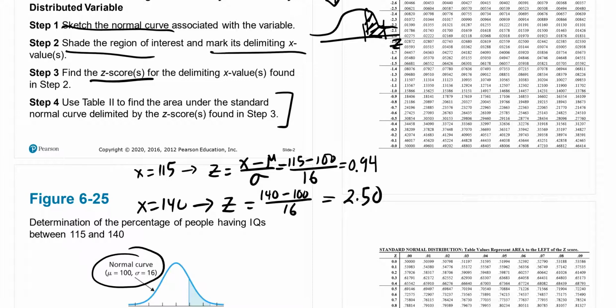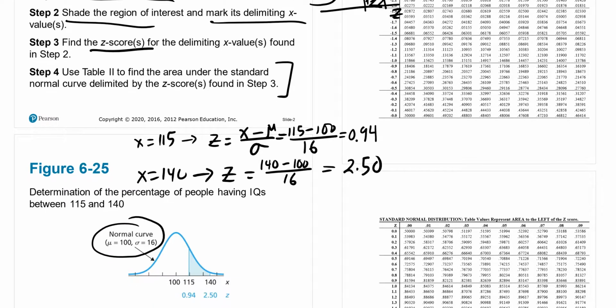Now we're going to go into the shape here and graph them. As you can see, that's 115, and notice that's x1. So now you can draw a new curve for the z. This is z equals 0, and then we have 0.94 and then 2.50. That's what I'm looking for.